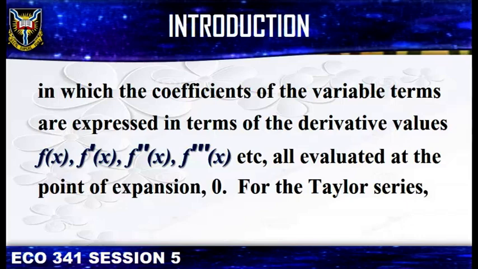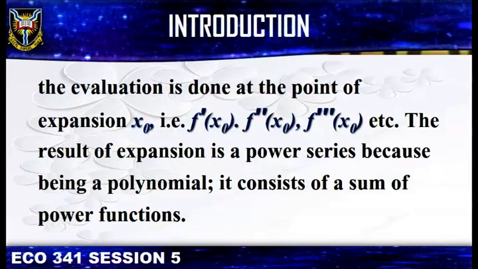For the Taylor series, the evaluation is done at the point of expansion x0, that is, f prime of x0, f prime prime of x0, f prime prime prime of x0, etc. The result of expansion is a power series because, being a polynomial, it consists of a sum of power functions.